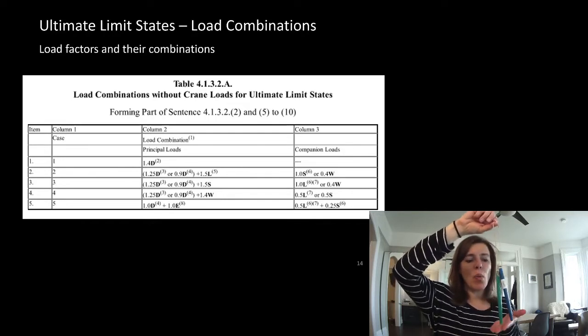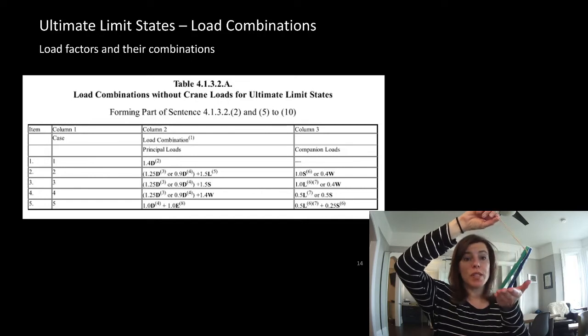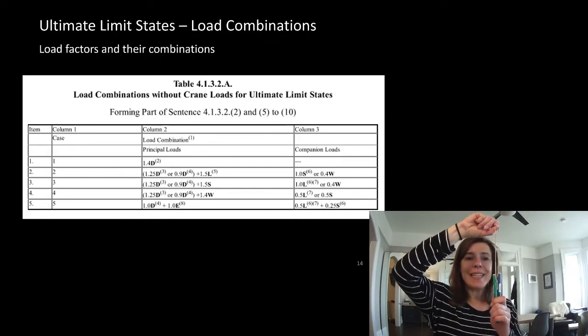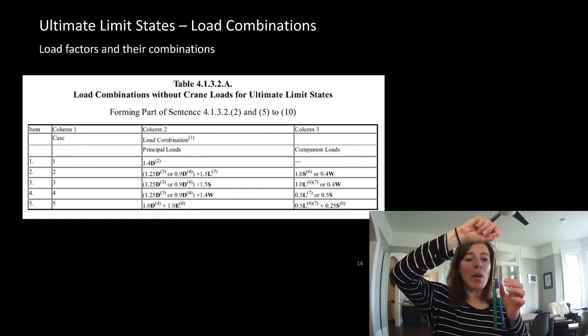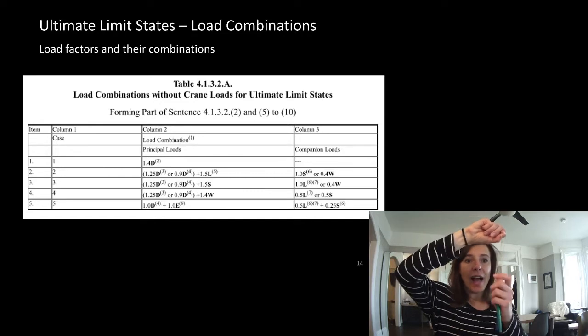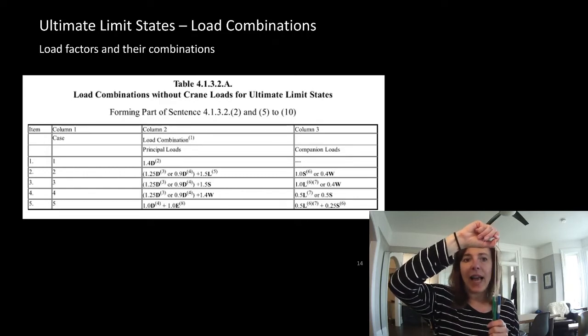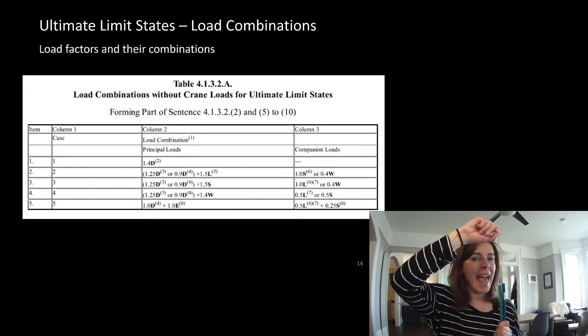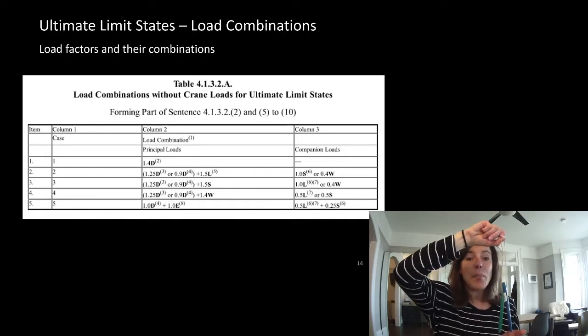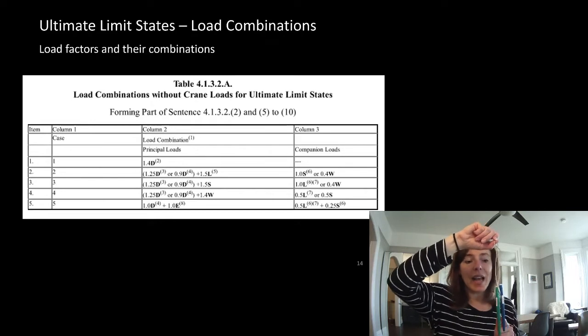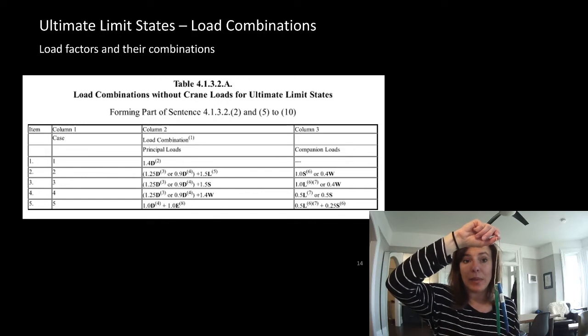So say my wind was going to blow upwards on this. So my pens are my dead load. If we multiplied this by 1.25 and then thought about the wind load acting upward, it assumes I've got extra dead load that I might not have. What if these pens aren't as heavy as I thought, but I've got a load counteracting them?